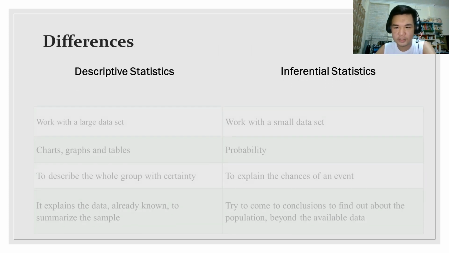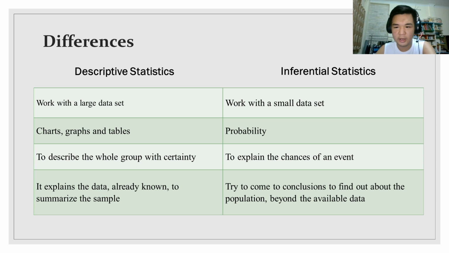Here is the difference between the descriptive and the inferential. The descriptive statistic works with a large dataset, while the inferential works with a smaller one. The descriptive statistic is displayed in charts, graphs, and tables, while the inferential is only displayed as probability.